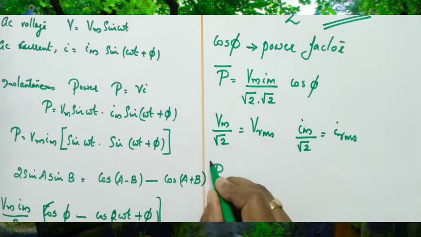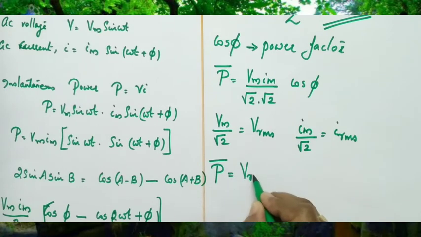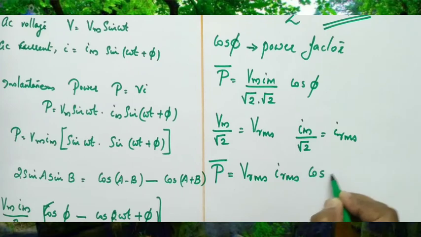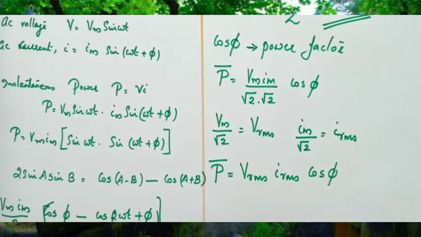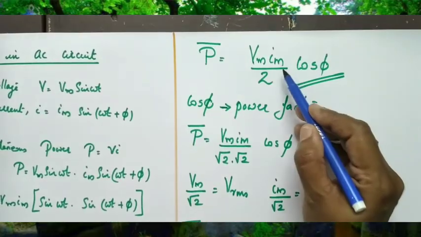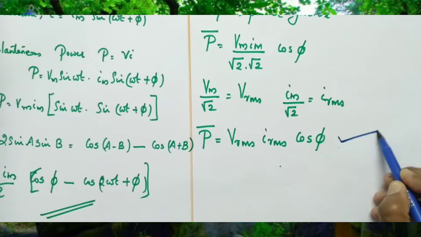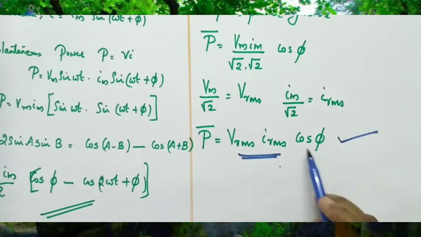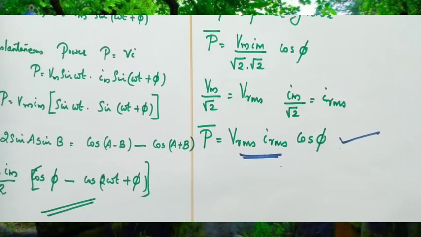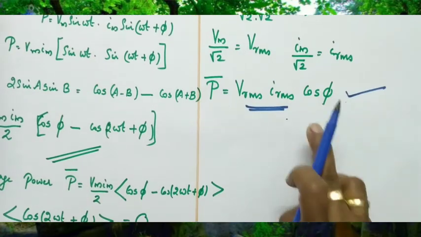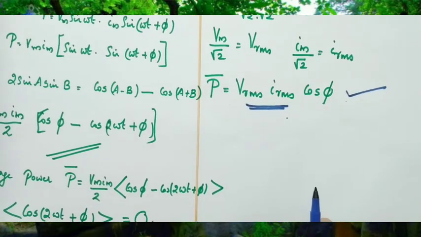Therefore, average power is also given by Vrms Irms into cos phi. So, there are two formulas for average power. Relating the peak value, Vm Im by 2 cos phi, and relating the RMS value, P average is given by Vrms Irms into cos phi. Clear? Where phi is the phase difference between voltage and current, and cos phi is called a power factor.